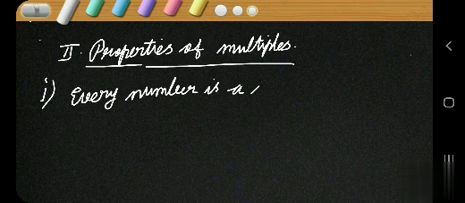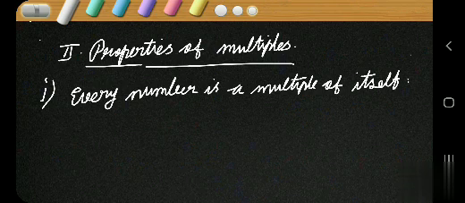Within bracket, please write: every number can be written as the product of that number into 1. Every number can be written as the product of, simply write reason.